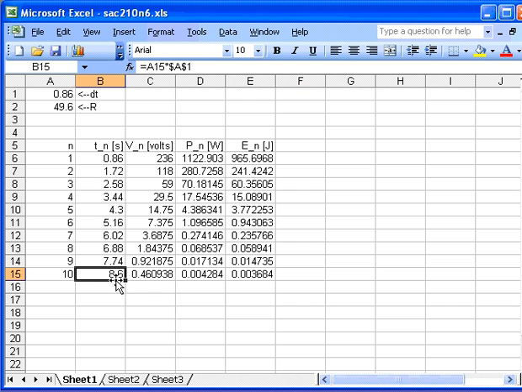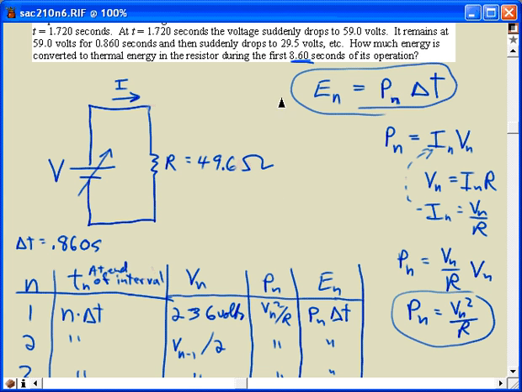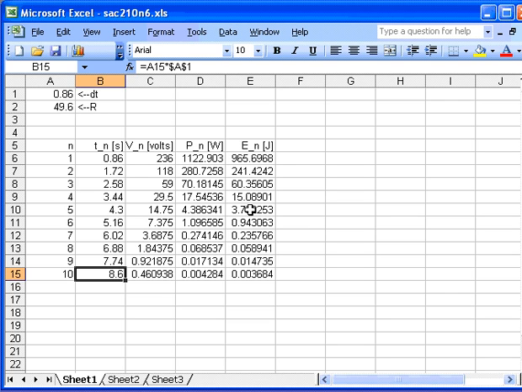And that does indeed take me to 8.6 seconds. I wanted it during the first 8.60 seconds, so we're okay there. These are energies. And we see during each time interval the amount of energy converted in the resistor is smaller than it was for the one before, since the voltage is decreasing. That makes sense.